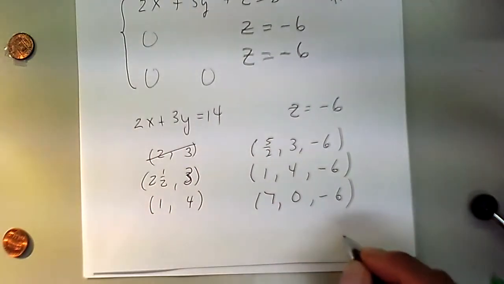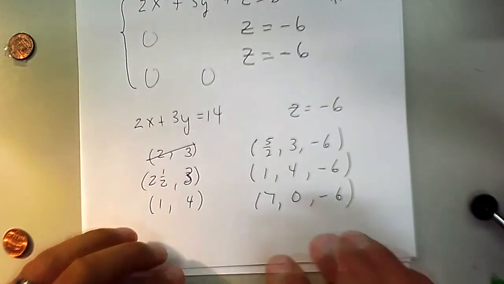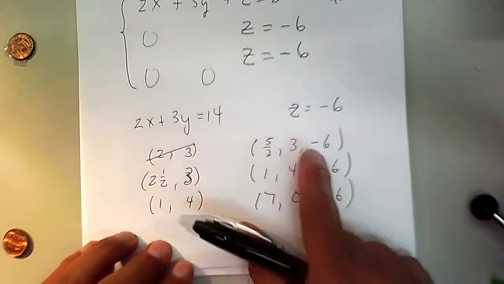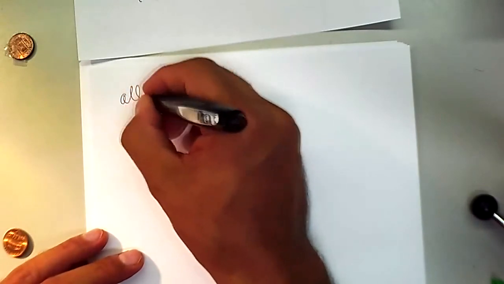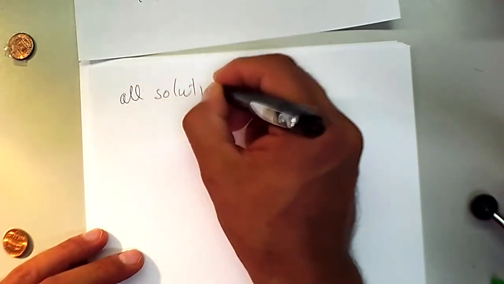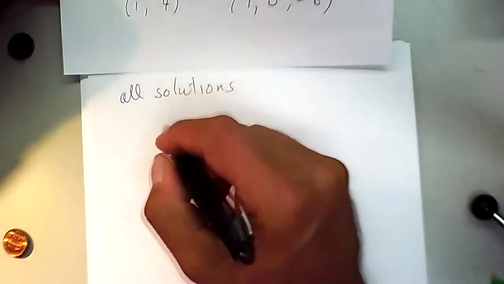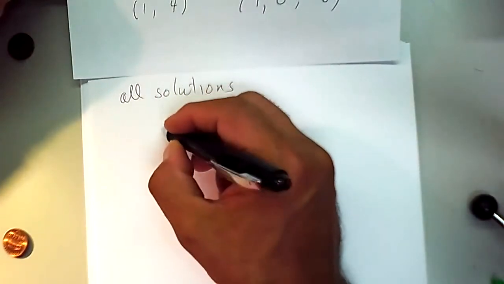Well, if we want to give all the solutions, we have to use a parameter. You know, just fix x to be anything. So x could be anything, and then you can solve for y. So all solutions would have to be, let's see, well, there's a couple different ways to do it.